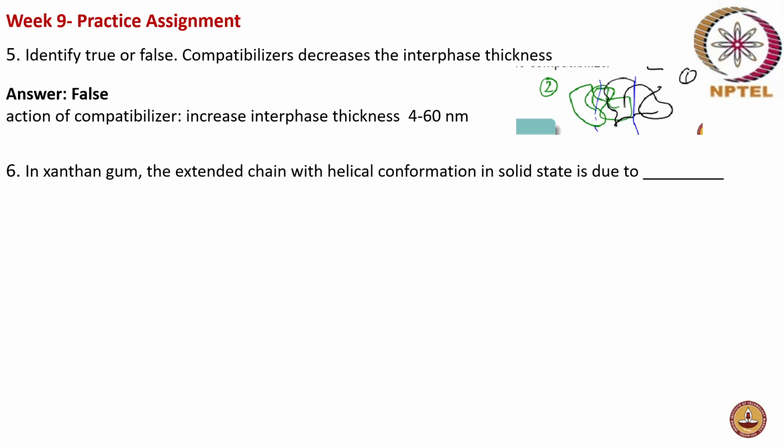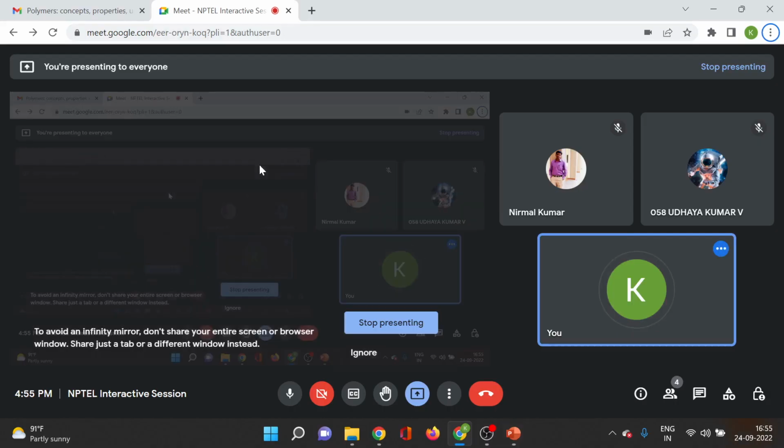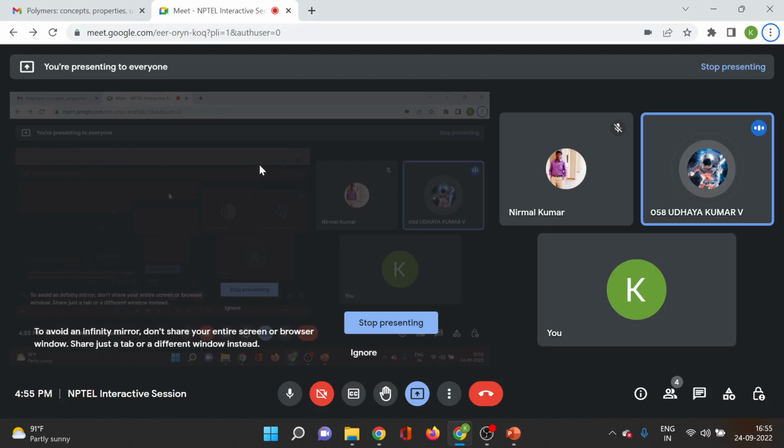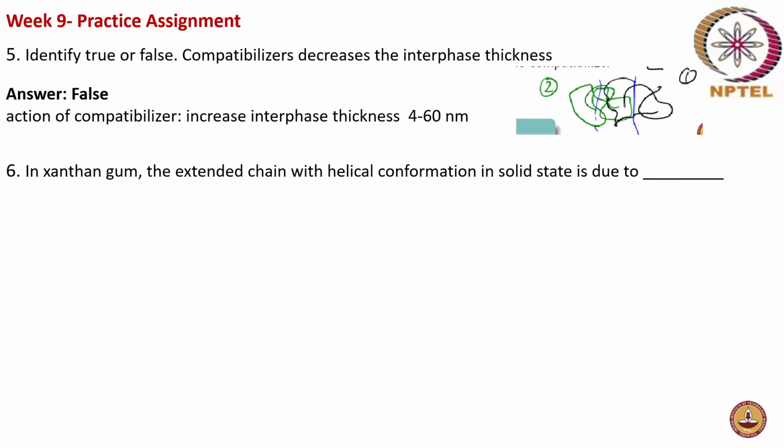Are you able to recollect anything, or shall I say the answer? Say the answer, ma'am. Okay, so it is actually your hydrogen bonding. Do you remember the diagram of xanthan gum? Xanthan gum is a polysaccharide. Polysaccharides are made up of glucose, fructose, or some kind of sugar units, right?